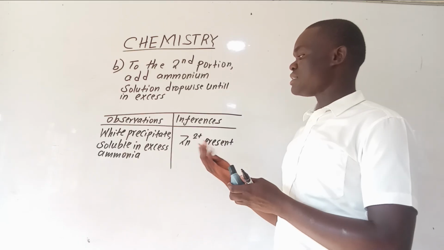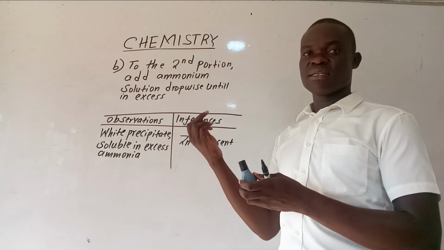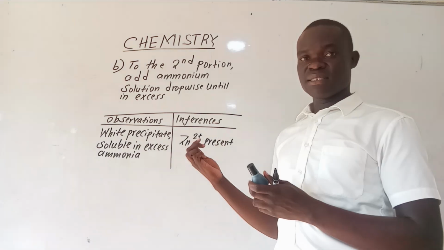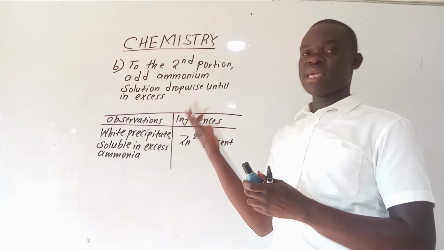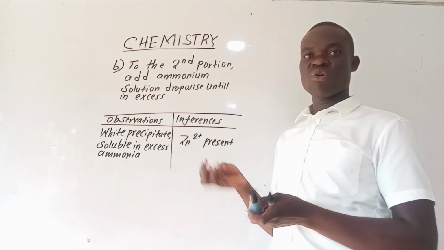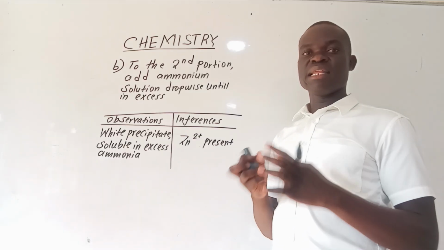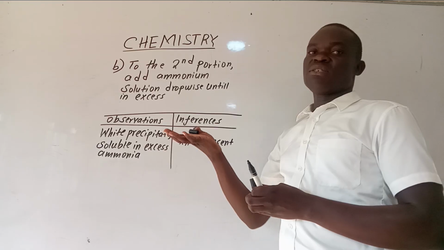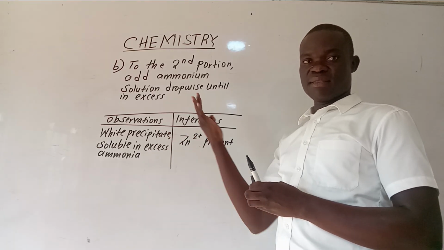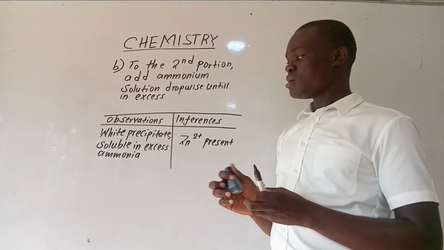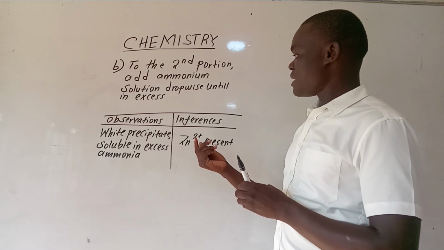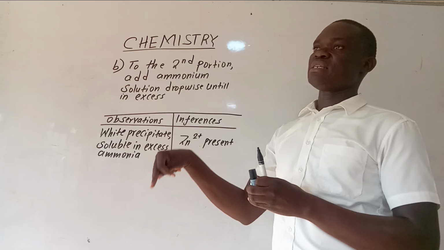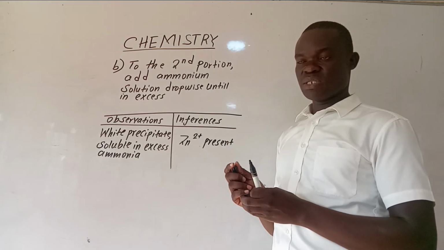So when we say zinc is present, it's the same as the other two are absent, because qualitative analysis tests for these cations and anions, including organic compounds. We use the elimination method. What you say is present up there, you should not again talk about it being present in the succeeding question. So when we say that zinc is present, we cannot again say that zinc is present in the succeeding question.